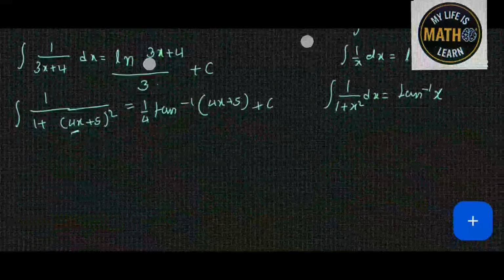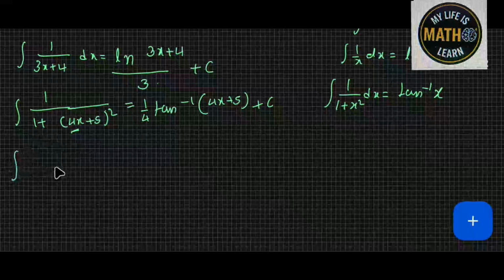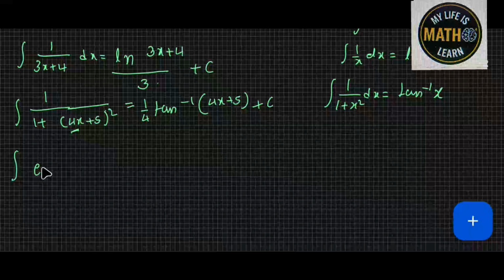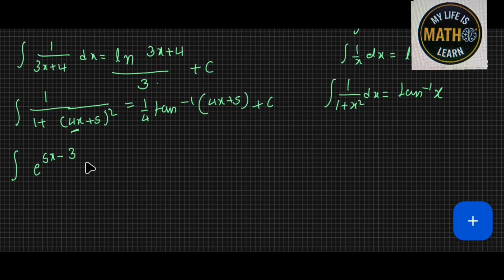Integration of e power 5x minus 3 dx: we know the integration of e power x, so it is e power 5x minus 3, but because of the 5x we write 1 by 5. So 1 by 5 e power 5x minus 3 plus c.